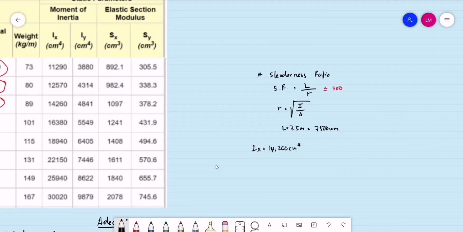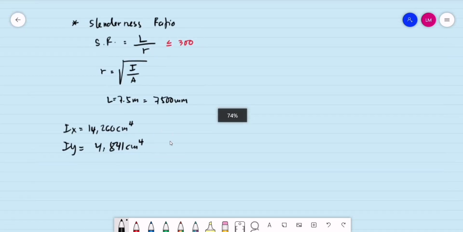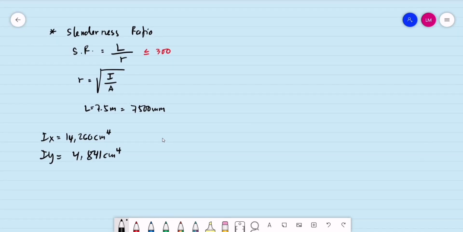Then for its Iy, the Iy is equal to 4,841, the weaker axis, centimeters to the fourth. So let us check the slenderness ratio for both axes.